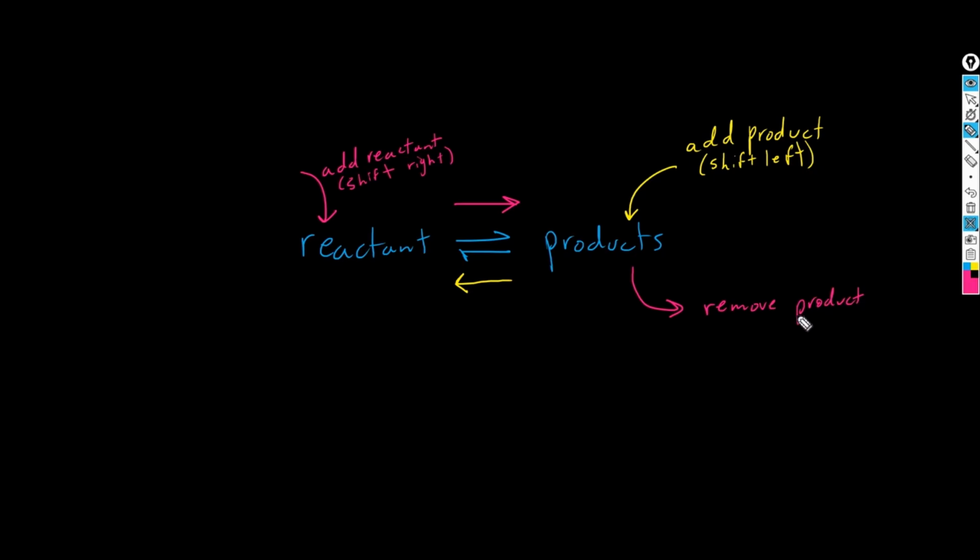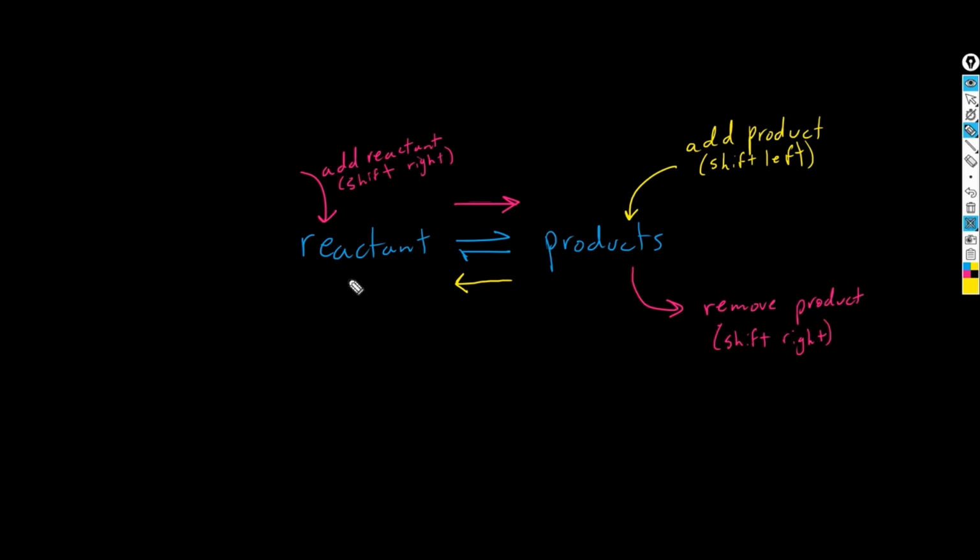It will shift to counteract that change. How do we counteract removing product? We create product. How do we create product? The forward reaction creates product. So removing product causes the equilibrium to shift right because it creates more of that product.